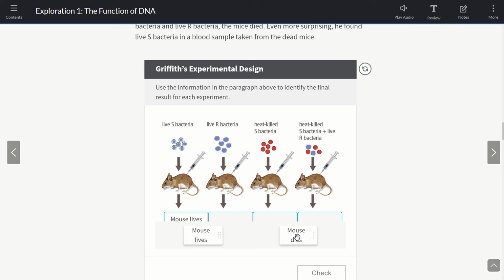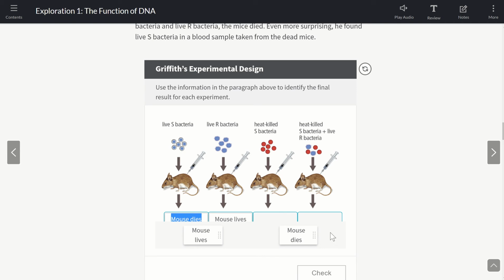The S bacteria killed the mouse. Sorry. Then he took the R strain of bacteria, which was the rough strain, and he injected it into the mouse, and the mouse was totally fine.